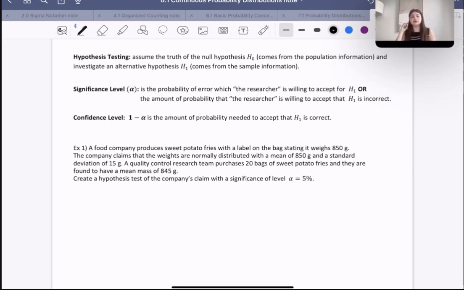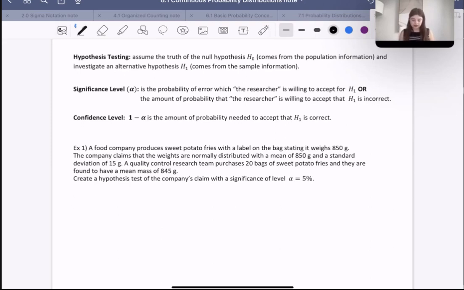We can only reject it or fail to reject. So either we're not sure if it's correct or not, so we're not going to reject it because we don't really know, or we can know, okay, yes, we're going to reject it. We're never going to accept the null hypothesis. However, we can accept the alternate hypothesis. That is possible. Okay.